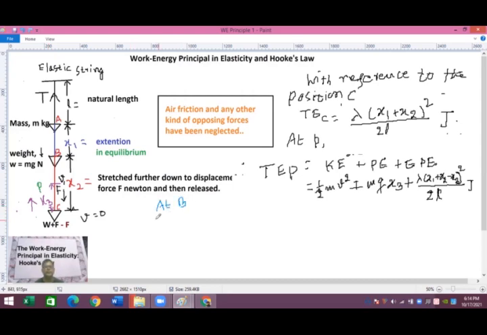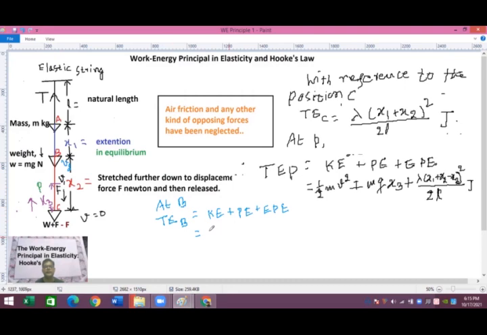Here, the total energy at position B is the sum of kinetic energy, potential energy, as well as the elastic potential energy. Suppose that at the earlier point the velocity is v1, and here at position B the velocity is v2.